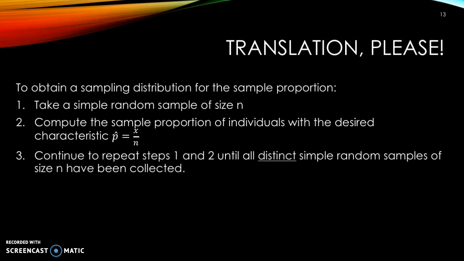So what you would do if you were creating the sampling distribution is you would continue to take samples of that same size over and over and over again. And they have to be unique samples, so you're not including the same individuals in multiple samples. There's no crossover.